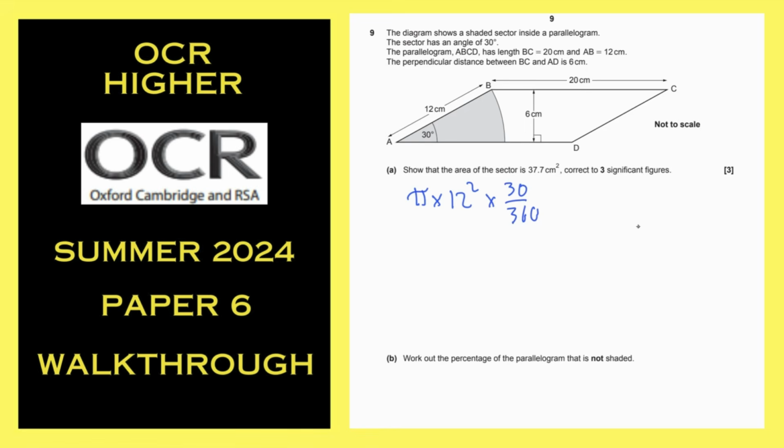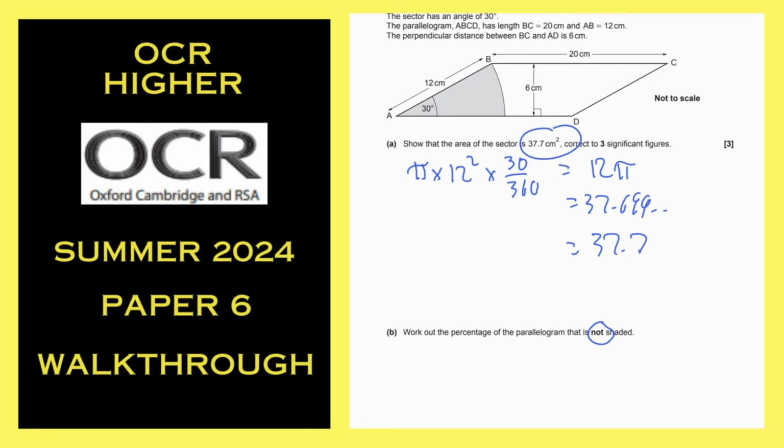You might have used a 12th there. It's all good. Calc will probably spit out 12 pi, which is 37.699 as a decimal, which is 37.7 as required.